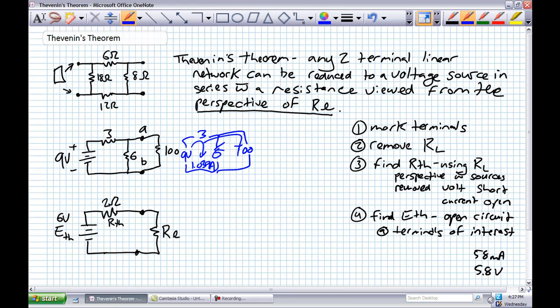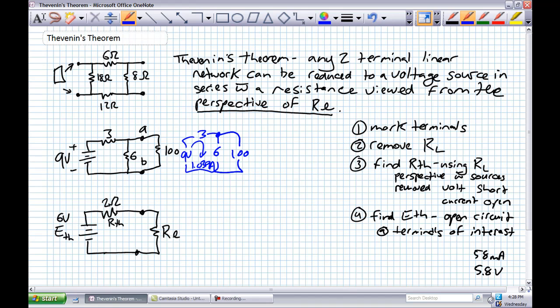We're going to have to do a current divider rule because I know 1.039 amps enters. Here, I'm going to clean that up. I know 1.039 amps is entering that node and it's splitting between the 6 and 100.